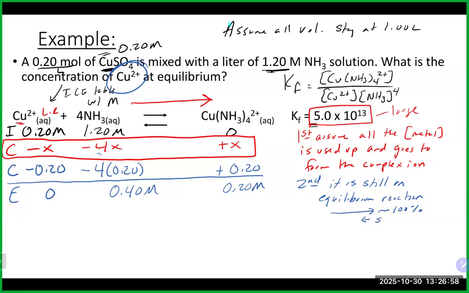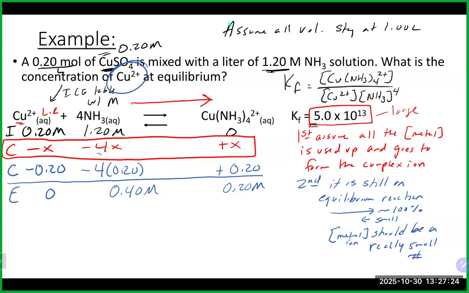So there will be a small amount of those products still breaking apart into the ions that we see on the reactant side. What that means is the metal ion concentration should be a really small number.